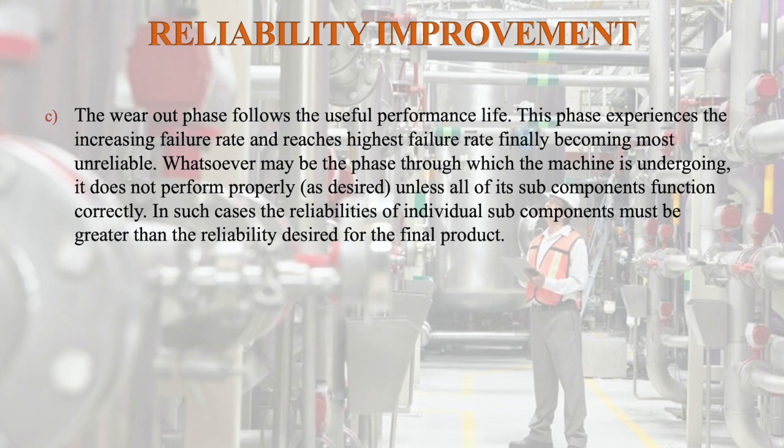Whatsoever may be the phase through which the machine is undergoing, it does not perform properly unless all of its subcomponents function correctly. In such cases, the reliabilities of the individual subcomponents must be greater than the reliability desired for the final product.